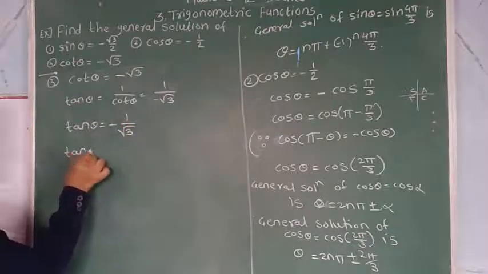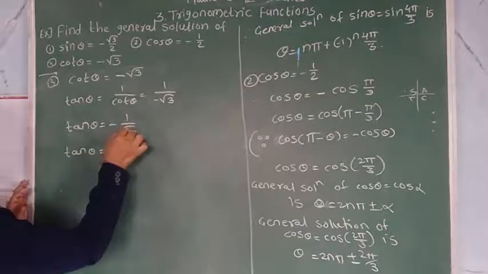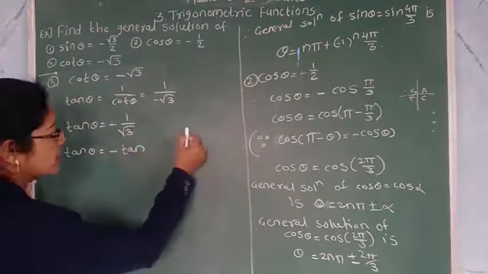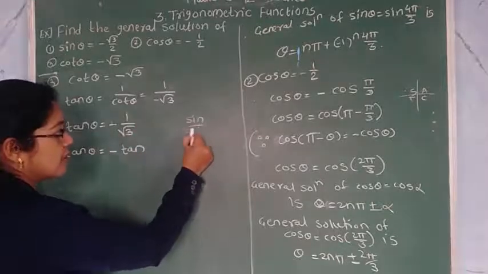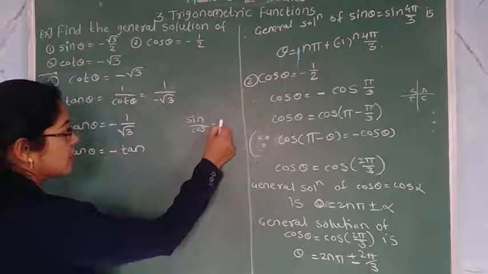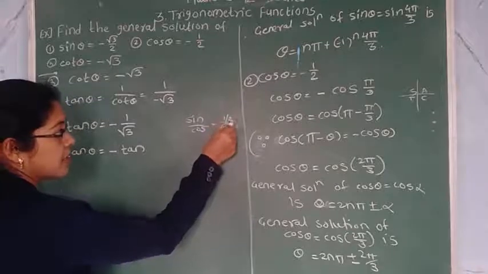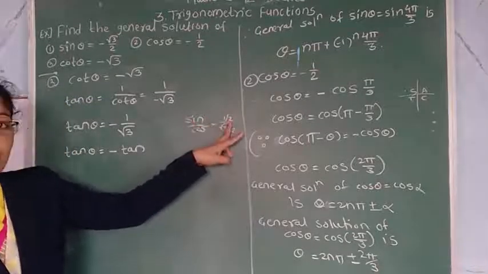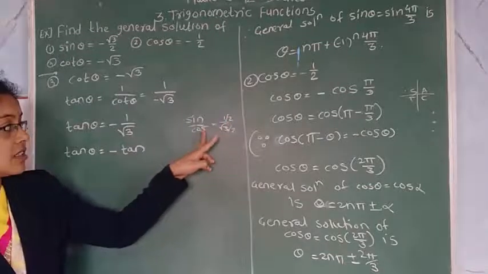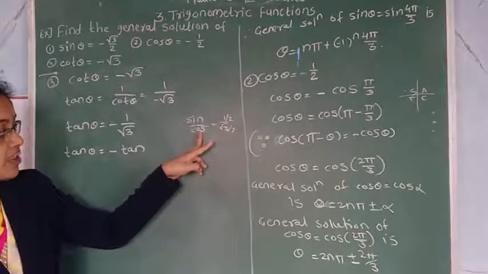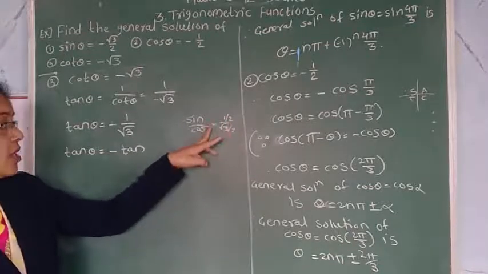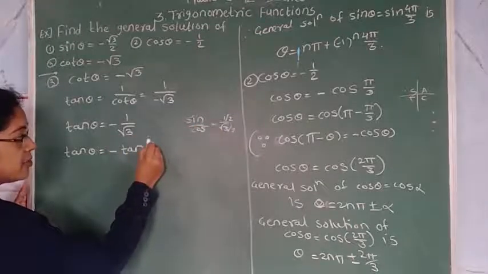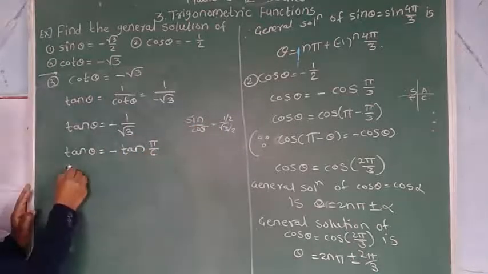At what angle is tan, which means sine upon cos, equal to 1 upon root 3? Sin 30 is 1 by 2 and cos 30 is root 3 by 2. So theta is 30 degrees, and 30 degrees means pi by 6.